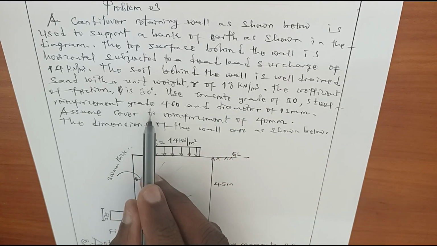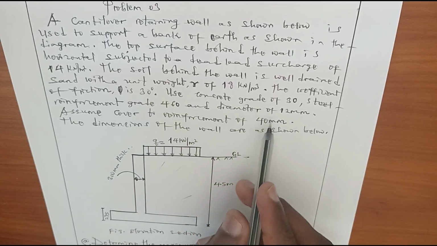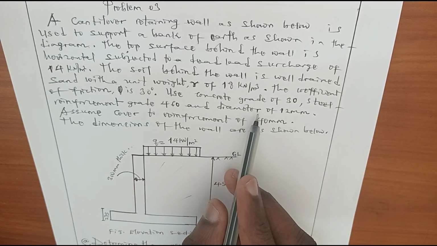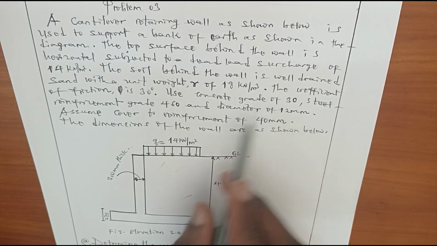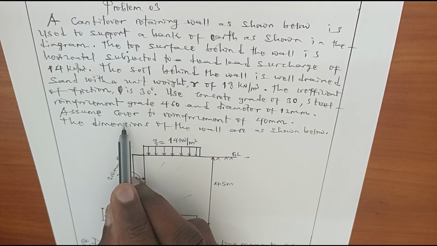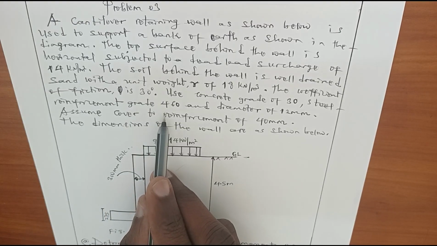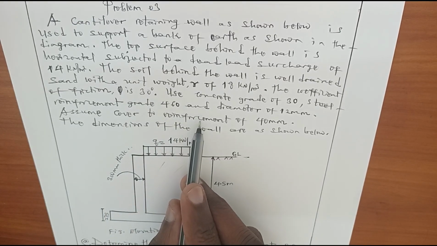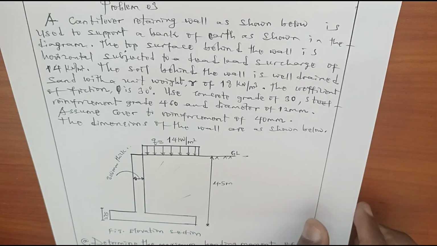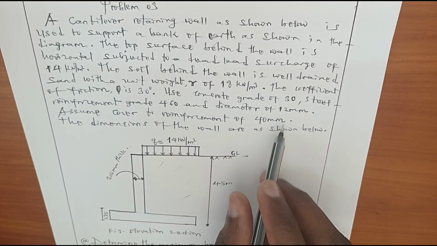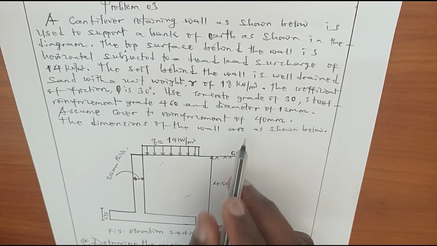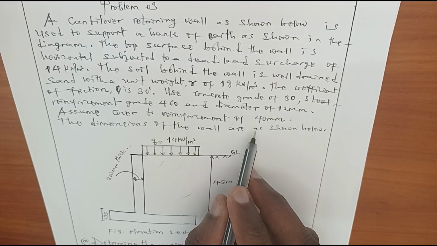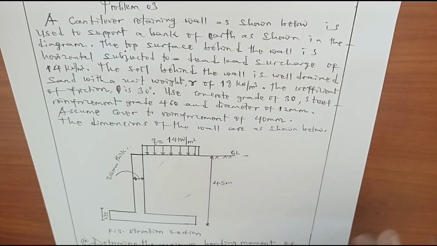The coefficient of friction is as given, and we have been given the concrete strength and grade, and the reinforcement grade of 460 Newton per millimeter square. The diameter of main reinforcement is 12 millimeter, and the cover is assumed to be 40 millimeter.